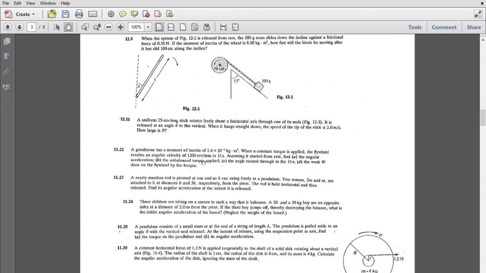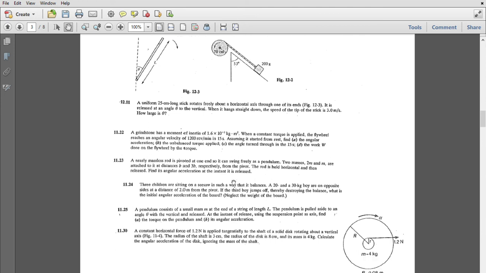So the net work done by external forces is equal to the change in kinetic energy, and the change in kinetic energy is 1/2 I omega final squared. So put in omega final in radians per second and calculate 1/2 I omega final squared, and that will be equal to the net work done by all external forces, and it is the torque that's doing that, so that's the answer to D.